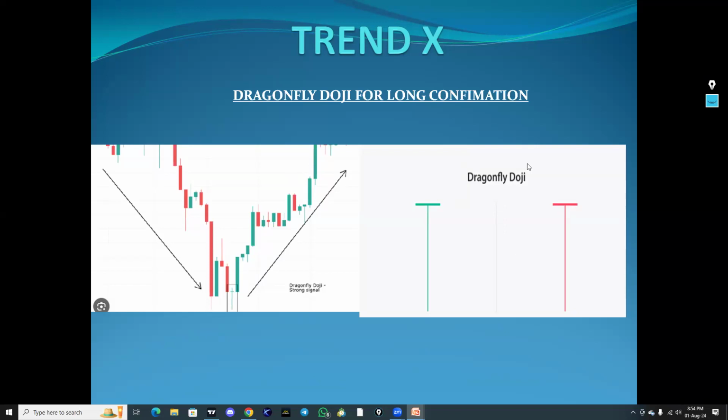Because of this, I have selected both different photos to show you guys. When I downloaded this photo, you can see what they mentioned: dragonfly doji, strong signal. Correct? So again, it should be near support or near daily trend X. When we see this kind of candle, we can go for long positions.